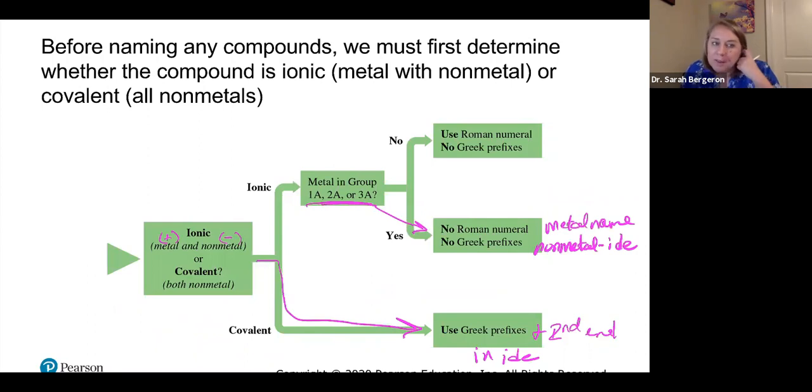Same thing if it's a transition metal, right? Then you're going to use those Roman numerals, and you're going to end the non-metal in IDE. So you notice everything ends in IDE. Okay, so let's go do some practice.